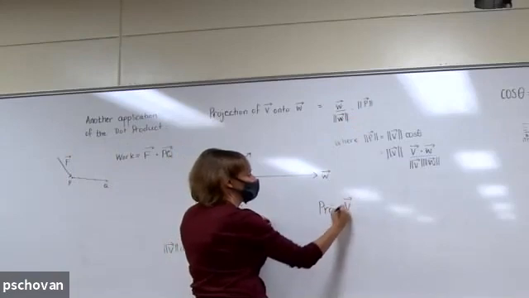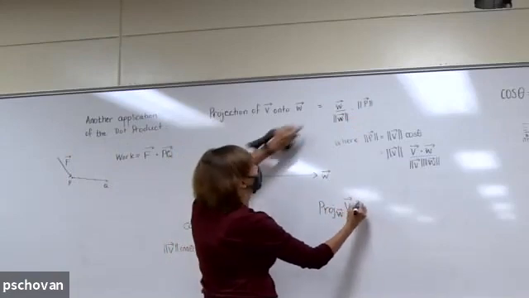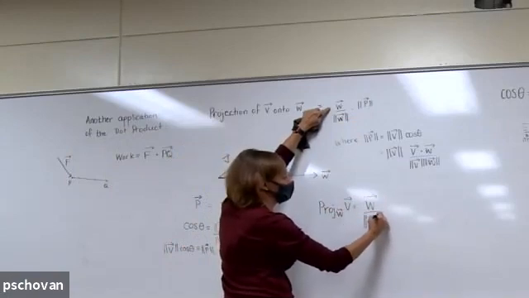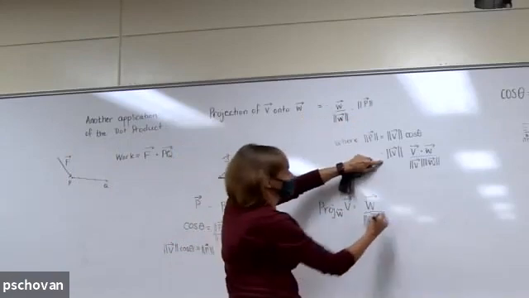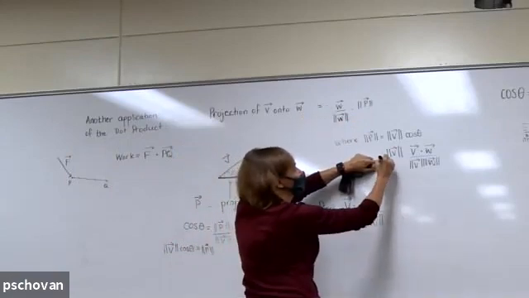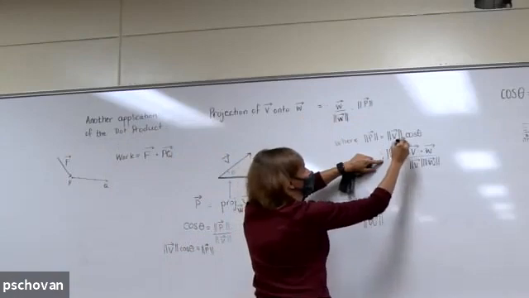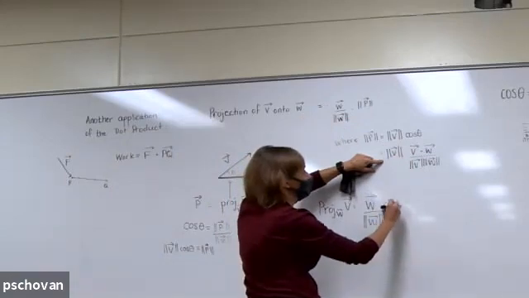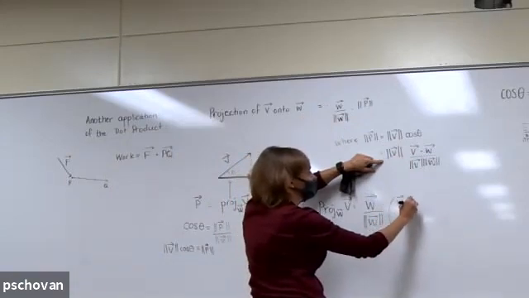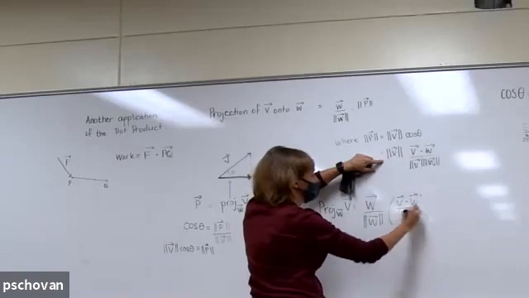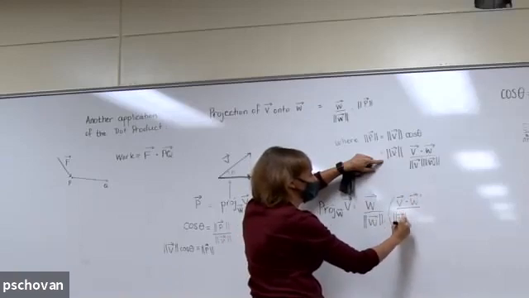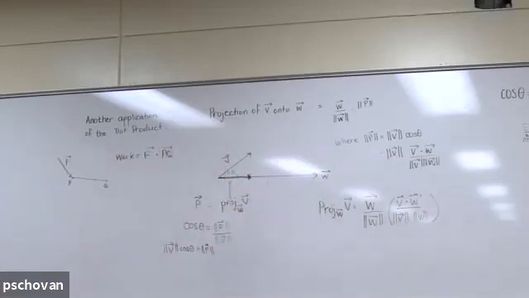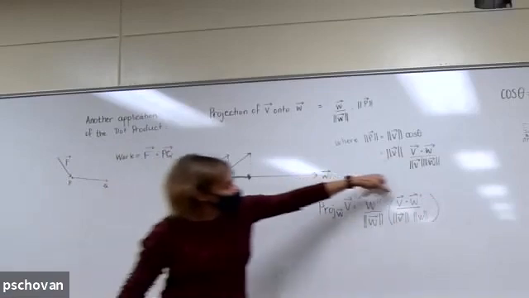And so I have the formula for the projection vector. Projection of vector v onto vector w is w divided by its length multiplied with this. Well, the magnitudes of these are going to cancel. Those are just numbers. So it's multiplied with the number that is v dot w divided by the magnitude of v times the magnitude of w. So all of this stuff, these are all scalars.